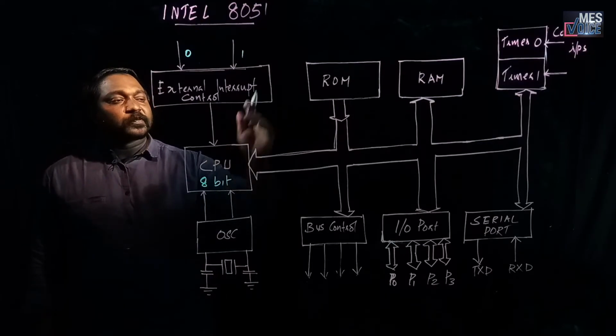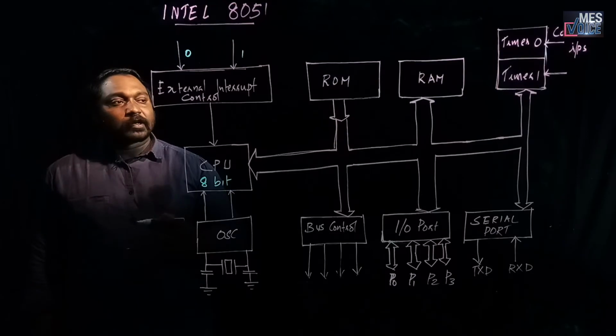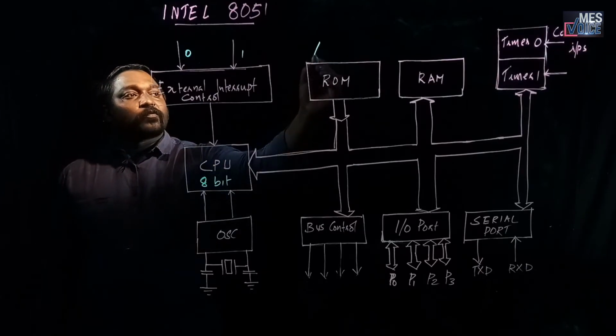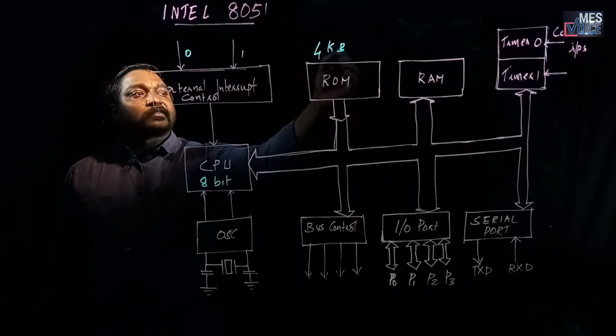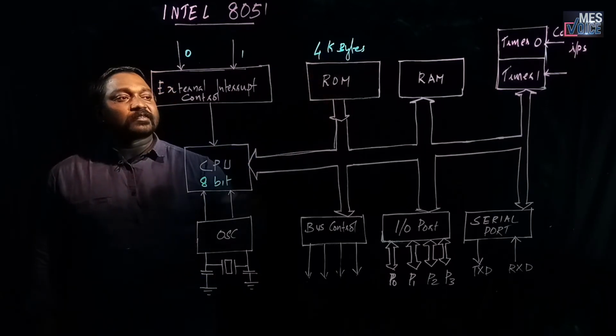Moving further, there is a ROM, read-only memory, also known as code memory, with a size of 4 kilobytes. The program is stored in this ROM.